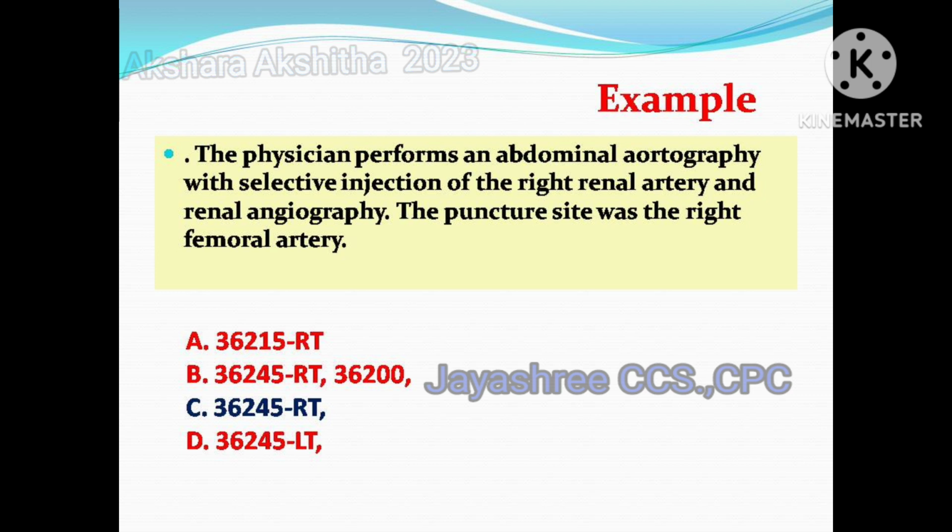Then next example. The physician performed an abdominal aortography with a selective injection of the right renal artery, and renal angiography was performed. As per the coding guidelines, the first point is whether it is selective or non-selective.